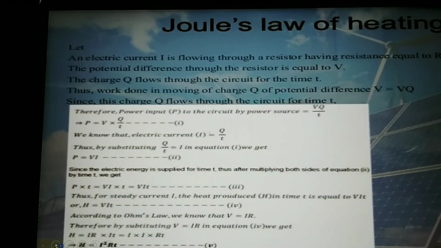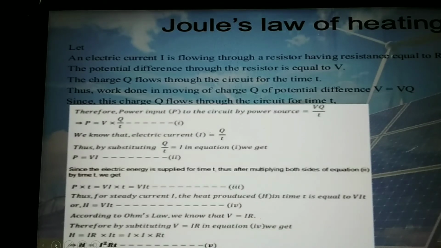Let an electric current I be flowing through a resistor having resistance equal to R. The potential difference across the resistor is equal to V. The charge Q flows through the circuit for time t. Thus, work done in moving the charge Q across potential difference V is equal to VQ.